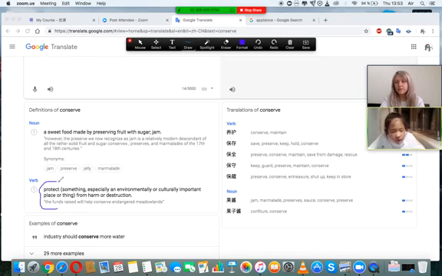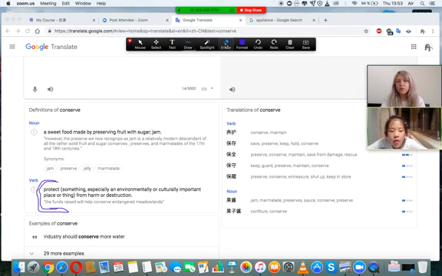Protect something, especially an environmentally or culturally important place or thing, from harm or destruction.